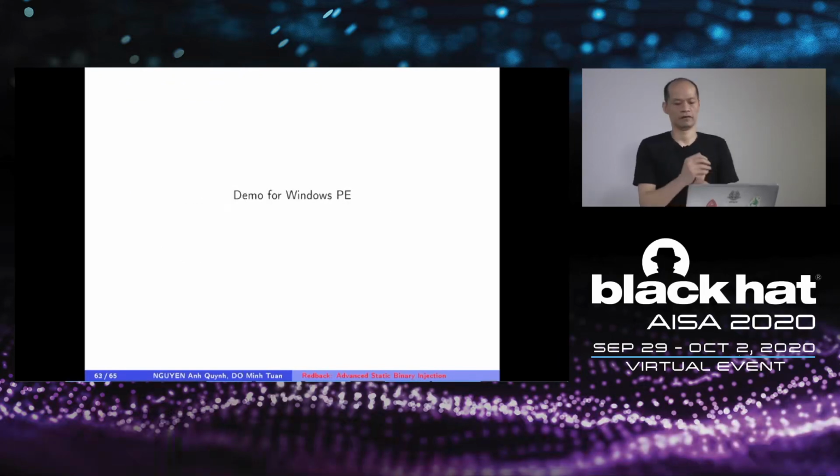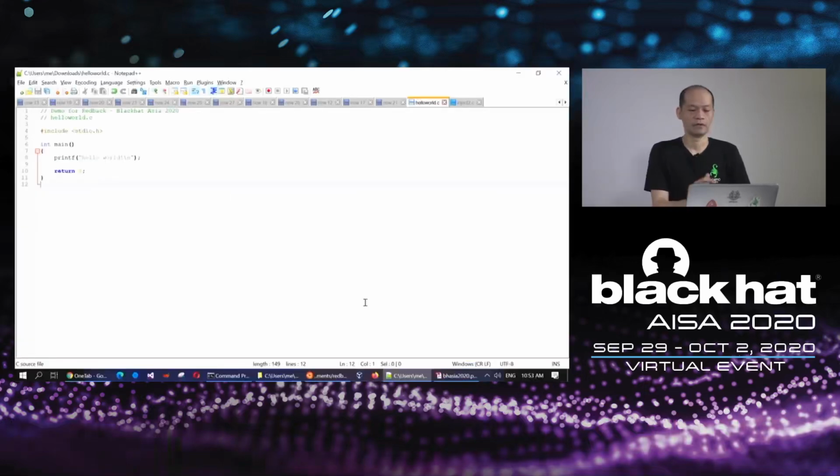So we have a very short demo for Redback, so you can see how Redback can inject DLL files into the EXE files. In this demo, we have a very simple program named Hello World, and you can see here this Hello World does nothing but print Hello World to the console.